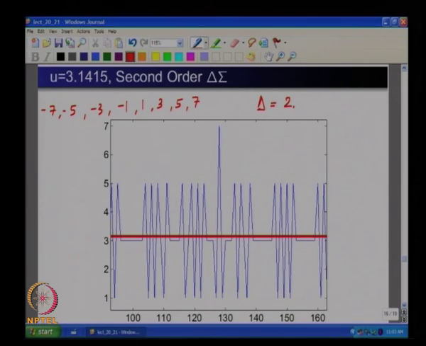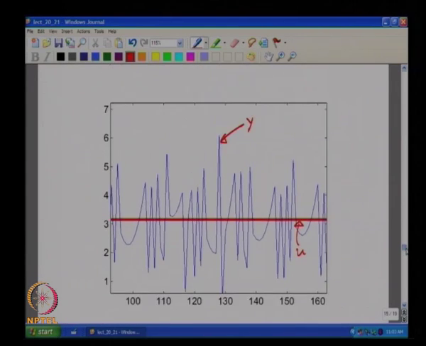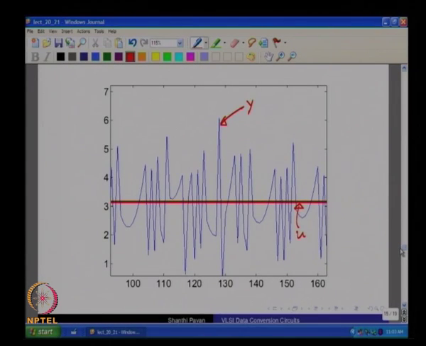3.14. Okay. Now as I said, this is y and I found ydc, which is simply the mean value of y. What is the mean value of the output V? It must be the same as u, 3.1415.